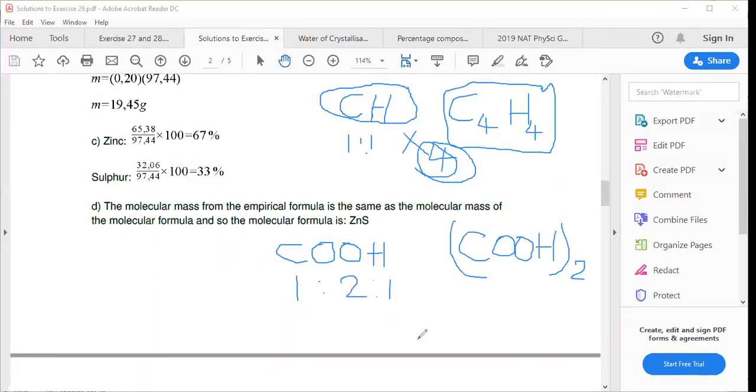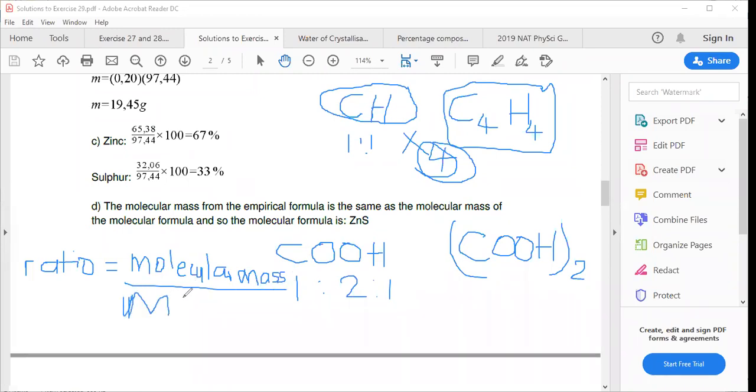But for us to find the ratio, what are we going to say? We're going to say the ratio is equal to the molecular mass that will be given to you, divided by the molar mass of the empirical formula.